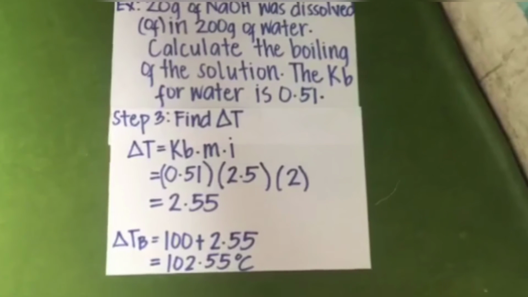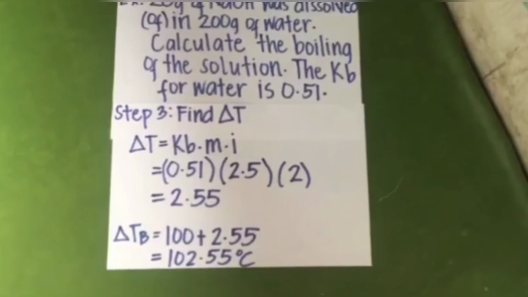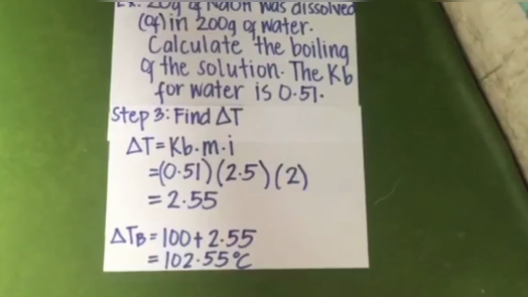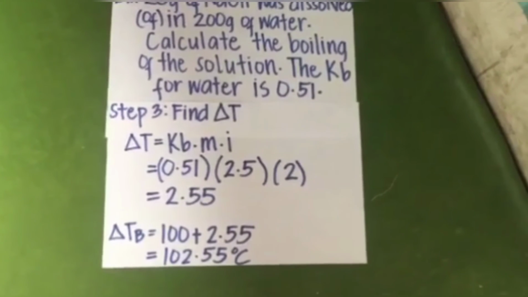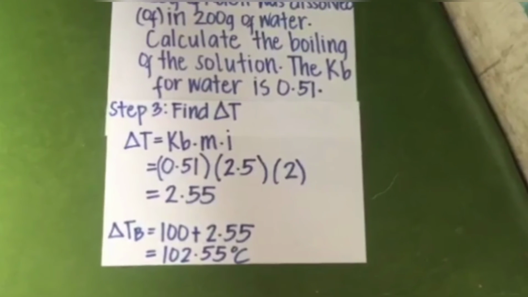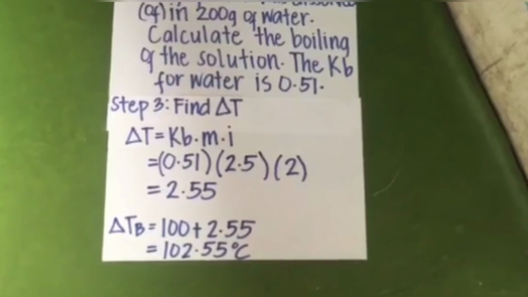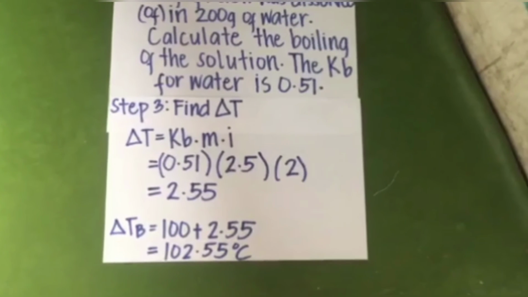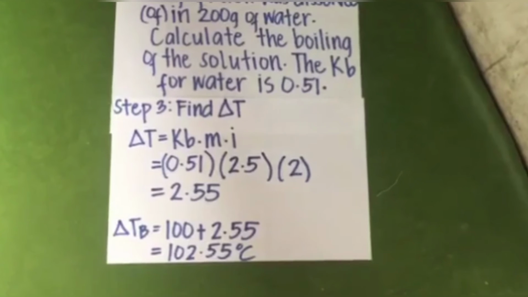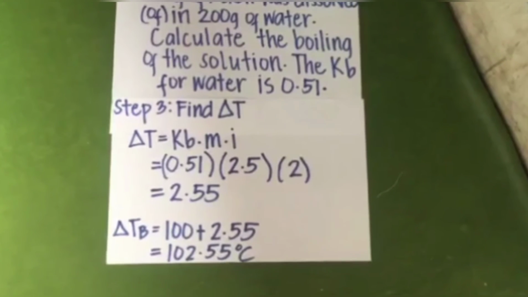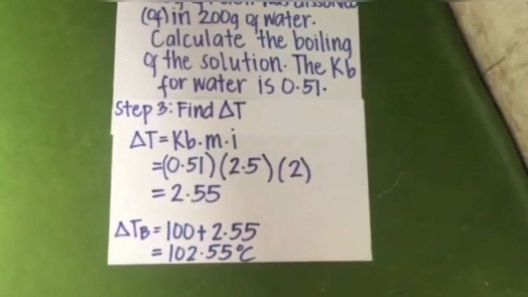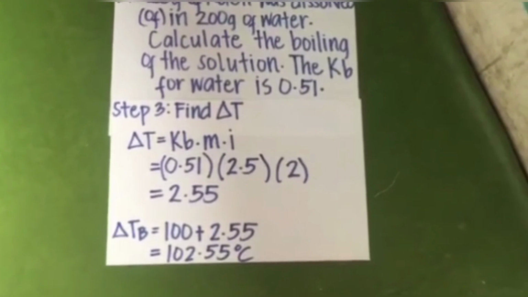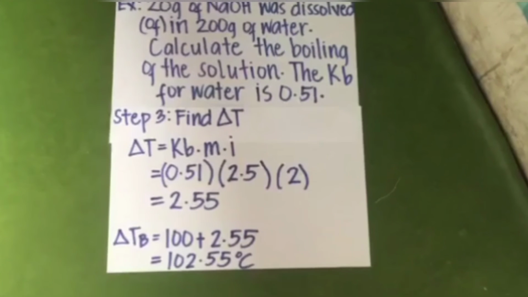We already have the three values: 0.51 times 2.5 times 2. So we get the answer 2.55. The next is boiling point equals 100 plus 2.55, where 100 is the normal boiling point and 2.55 is delta T. That's why we get 102.55 degrees Celsius.